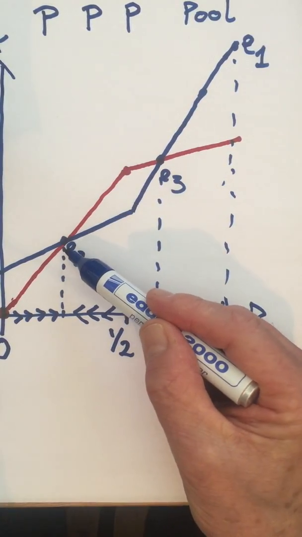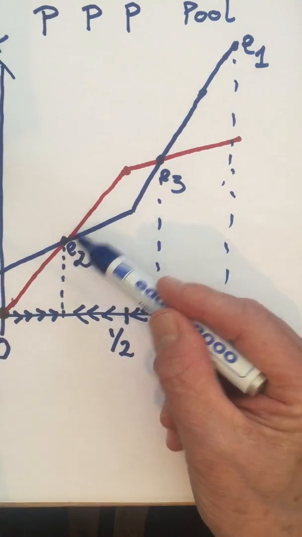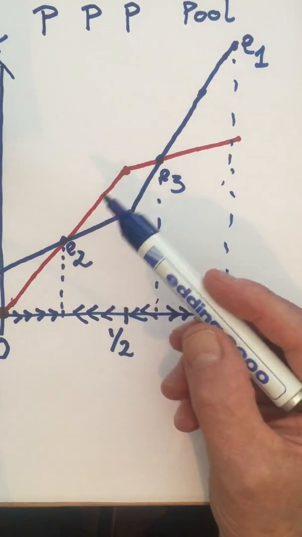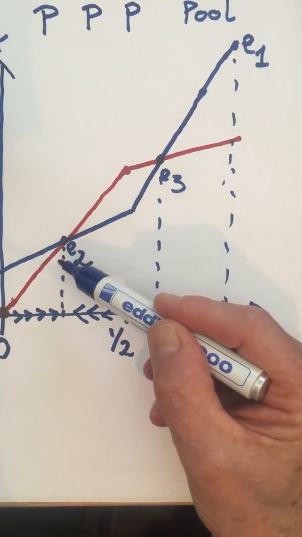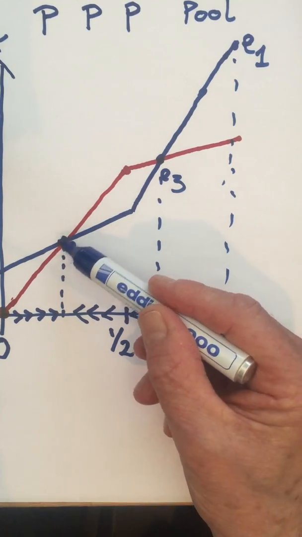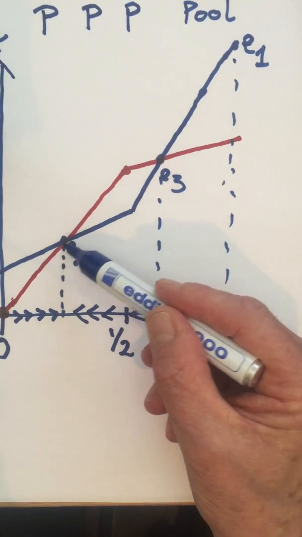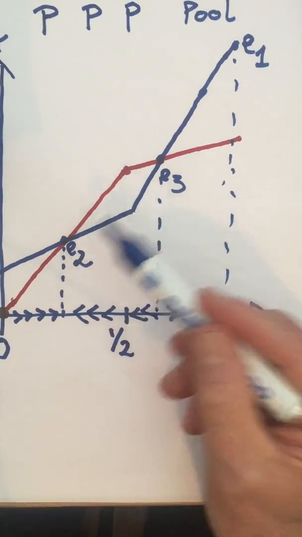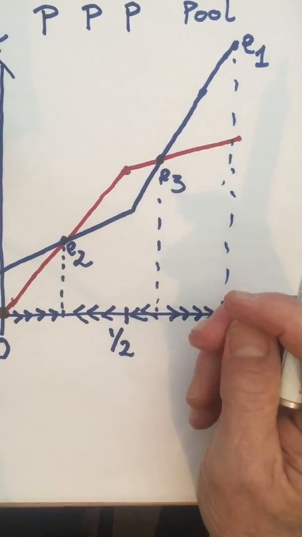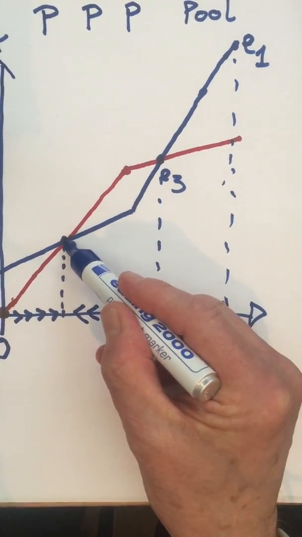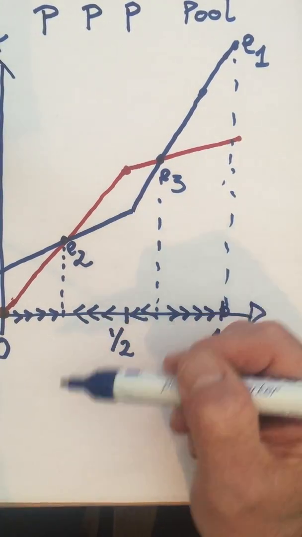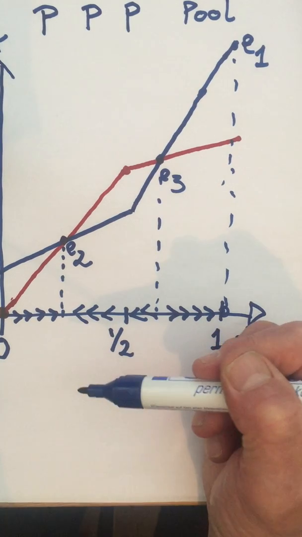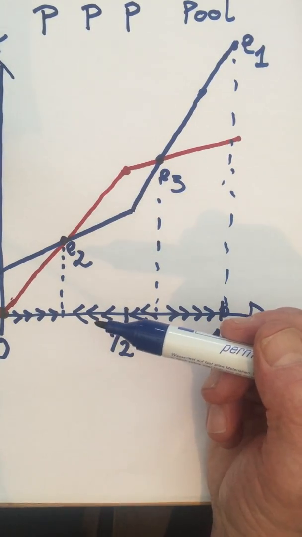E2 is a bad equilibrium with many parasites and few producers. But again, even though there are few producers, nobody has incentives to move into production. They are in an equilibrium, but it's equally profitable to be a parasite as to be a producer.